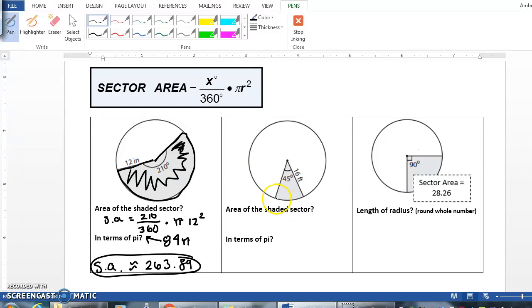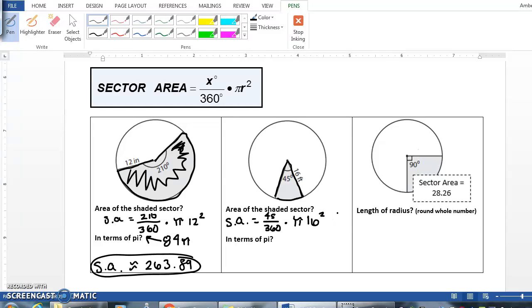Area of the shaded sector. So again, we're finding this sector area right here because it's enclosed by a portion of the circle and 2 radii, and simply using that equation. Sector area is equal to x degrees, 45 degrees, divided by 360 times pi r squared, and our radius is 16 this time.